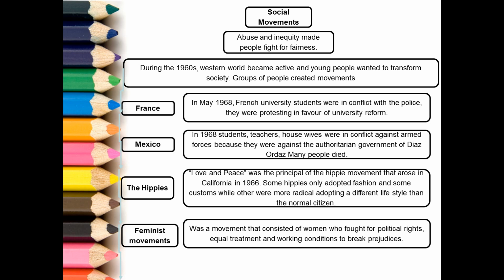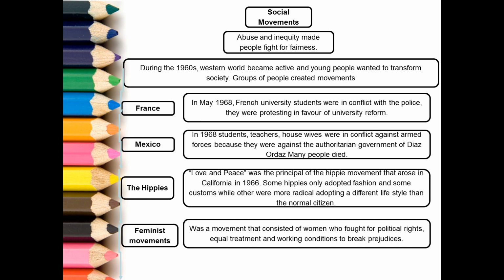But the difference is that on the side of France, the students were the protagonists of this social movement, and what they were seeking was university reforms. So two important elements when we talk about the social movement of France: the first is that the protagonists were the students, and on the other side, what they wanted to accomplish was university reforms.